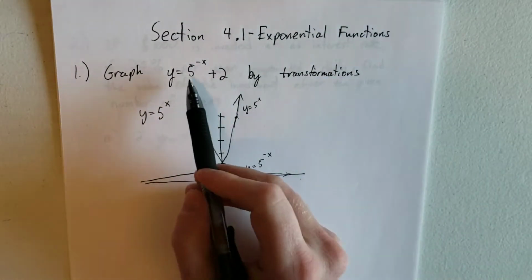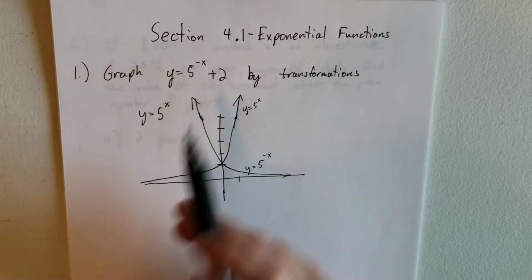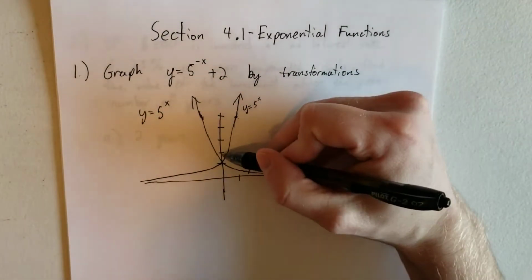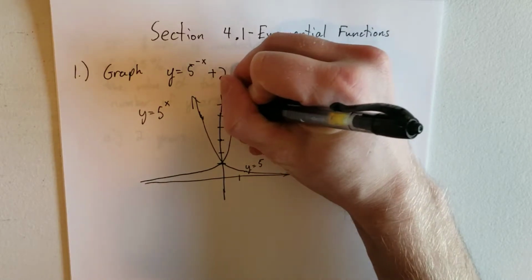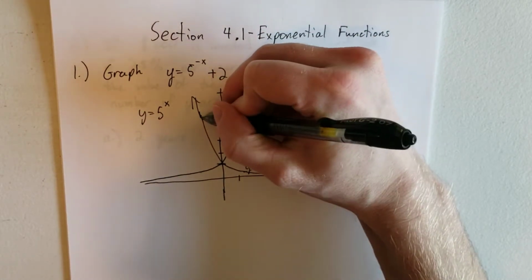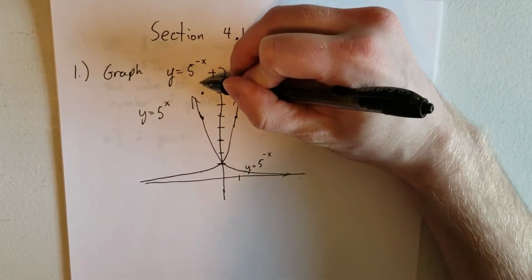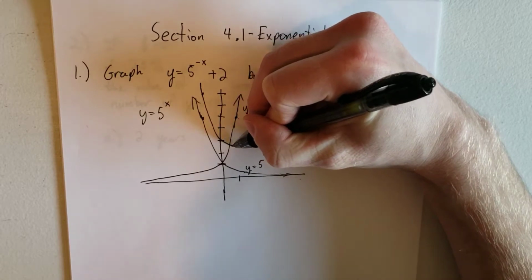After that, to finish this problem off, we want to graph y equals 5 raised to the negative x plus 2. So let's take our previous function that we just drew and add 2 everywhere. So we move this up 2. Move this value up 2. And then we can draw our exponential function here.